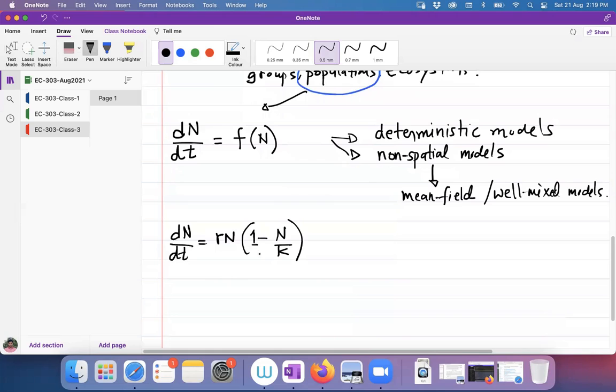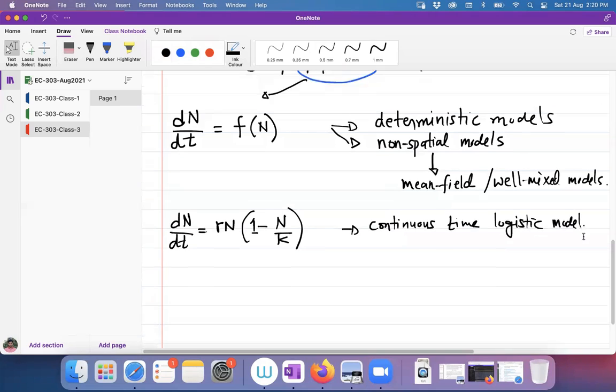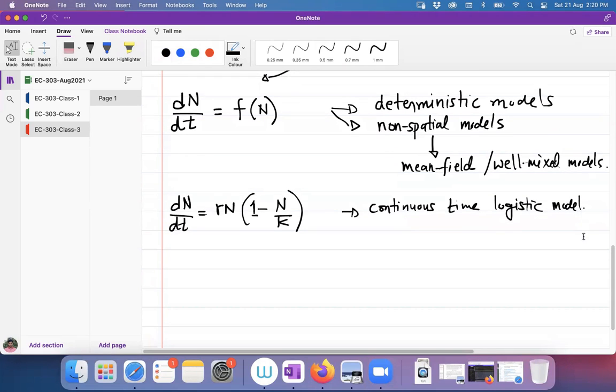So this is the logistic model, continuous time logistic model. So how did we write this down? Can somebody remind me how did we write this down? What was the ecological principle, or the ecological mechanism or process, that we had in our mind when we wrote this down?